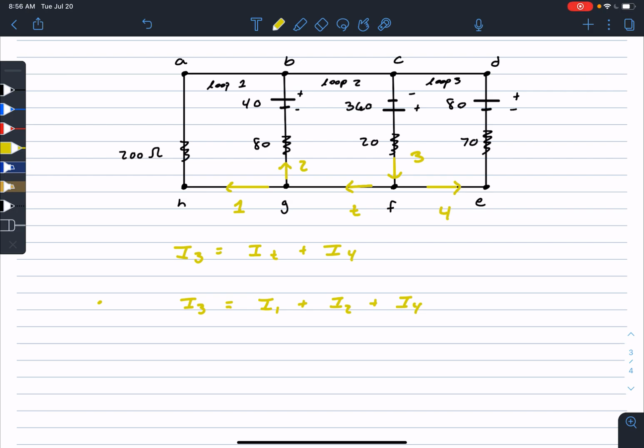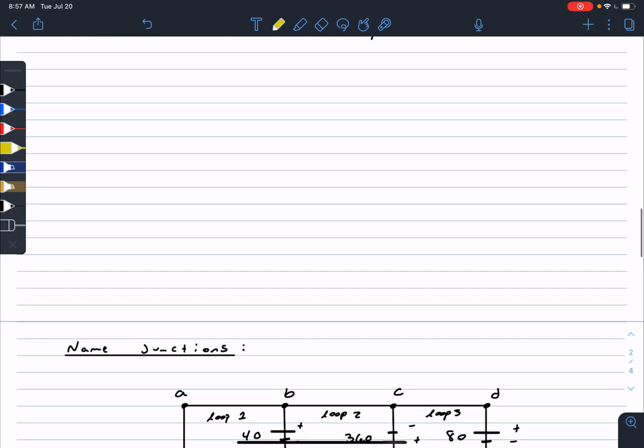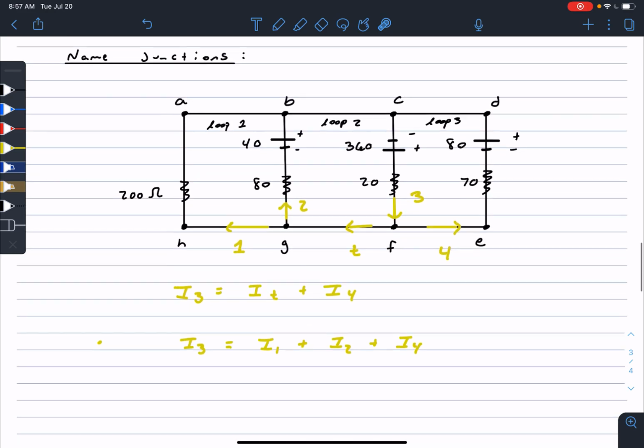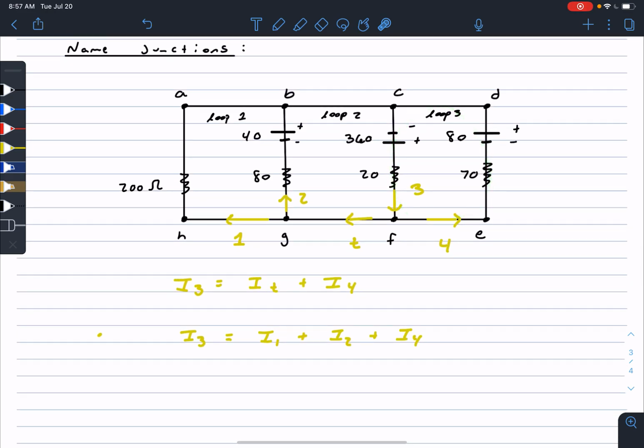Next we can use Kirchhoff's second rule, where the sum of all potential differences is equal to 0 in any loop. So in this loop, they should all sum to 0. In this loop, they should all sum to 0. In this loop, they should all sum to 0.